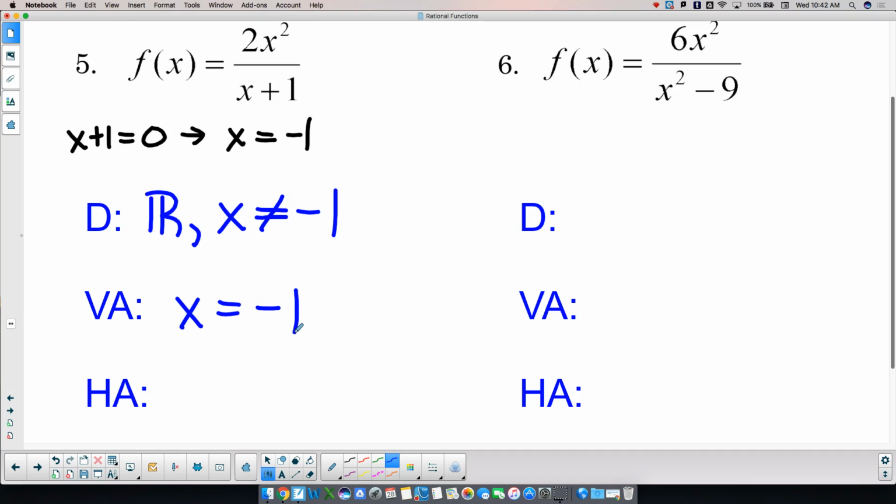Top is bigger, so this is a big over small case. So what does that mean from my cheat sheet? None. Okay. You try number 6.